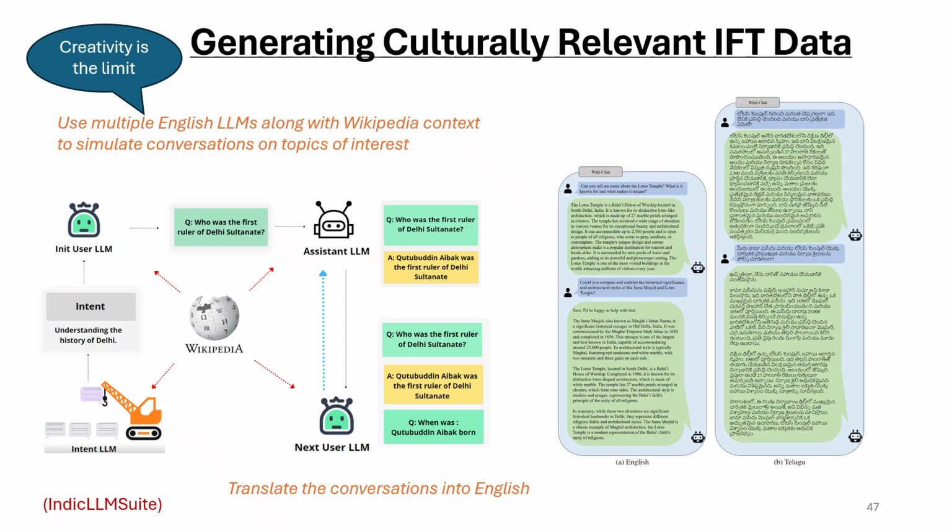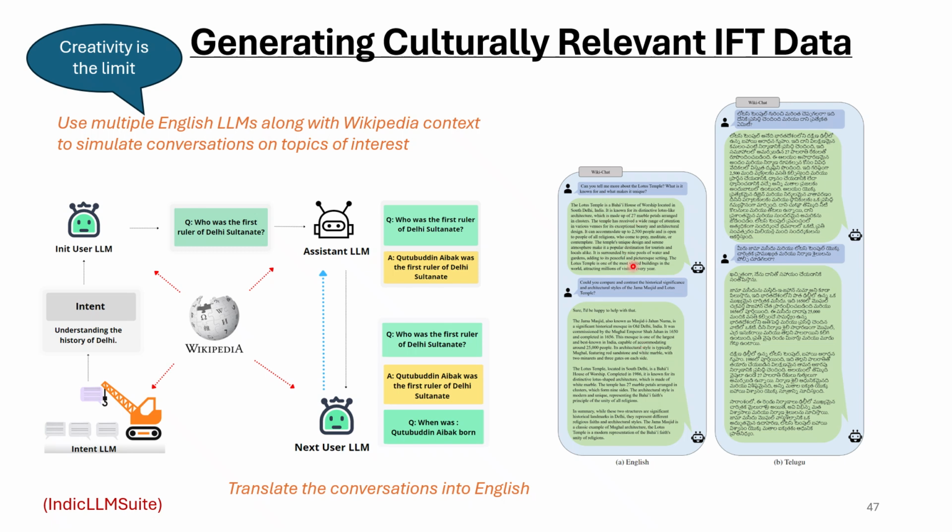So now, starting with the Wikipedia English page, we have generated a conversation relevant to that culture or region, simulating a conversation. Now, we can translate this entire conversation into another language. We just discussed how we can go about translating IFT data.